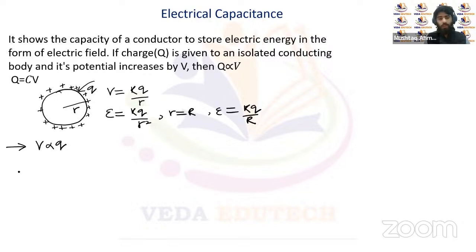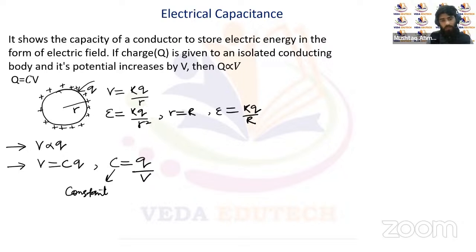So V is directly proportional to the charge Q. If we replace this proportionality with some constant, let's call this constant C, then V is equal to CQ, or we can write C as Q upon V. Here C is a constant.